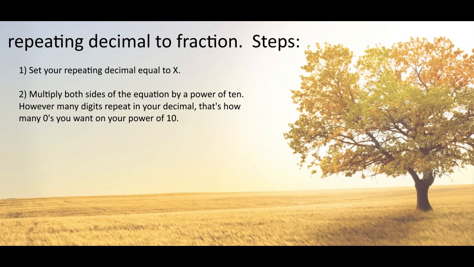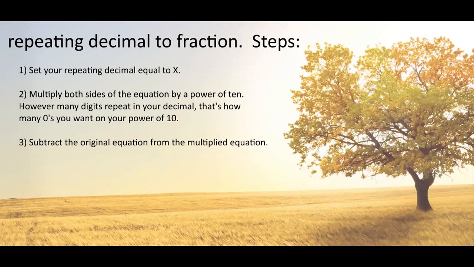However many digits are repeating in your decimal, or however many digits it takes to get to 1 repeat of your decimal, that's how many zeros you want on your power of 10. Next, we subtract the original equation from the multiplied equation. And then we solve the resulting equation to get the answer.